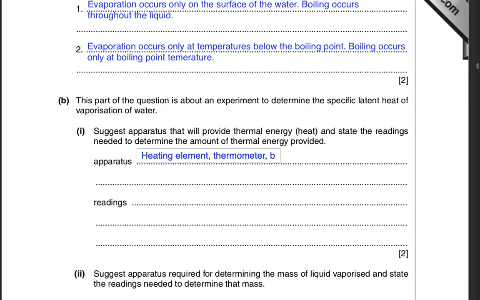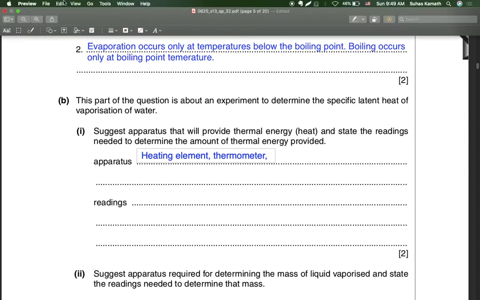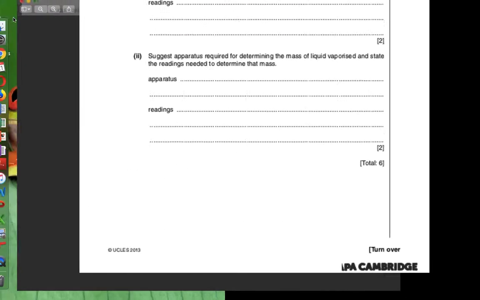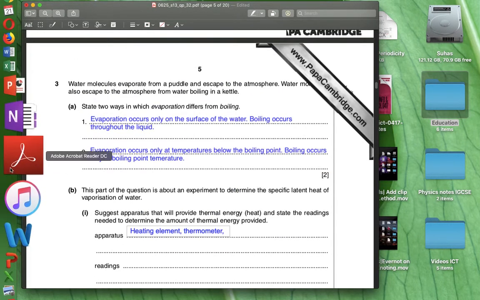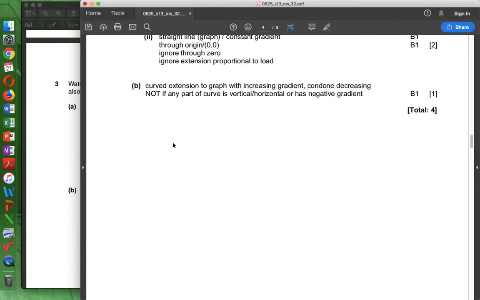Of course you need a balance. No, not a spring balance, that's for measuring force. I mean the weight. How to measure the mass? I just can't remember the name.